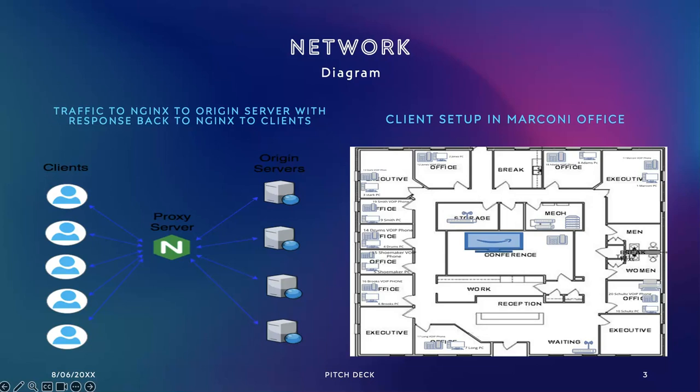website from these computers, the reverse proxy will actually get the request from the computer. It will send it to the correct location, and it will retrieve the responses and send them to the clients.